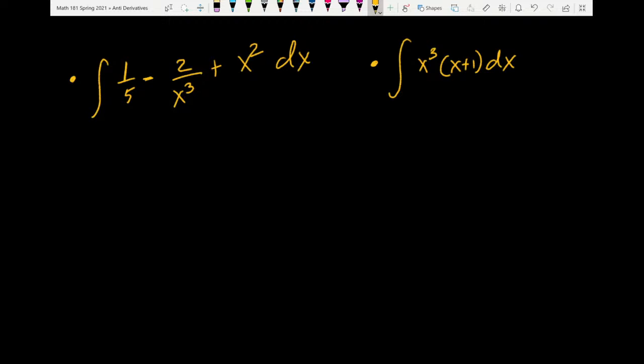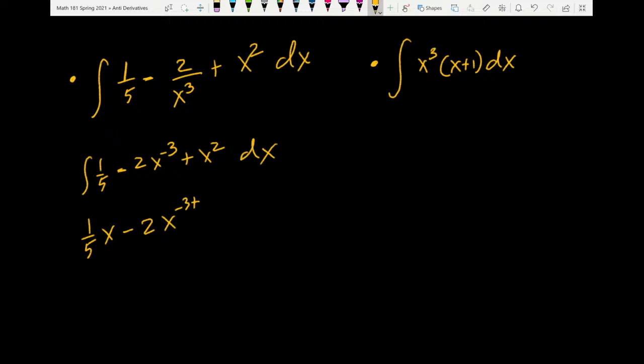All right, so let's look at this. Again, I'm going to rewrite it to make my life easier. So therefore that's x to the negative 3 plus 1, plus x squared, plus c.